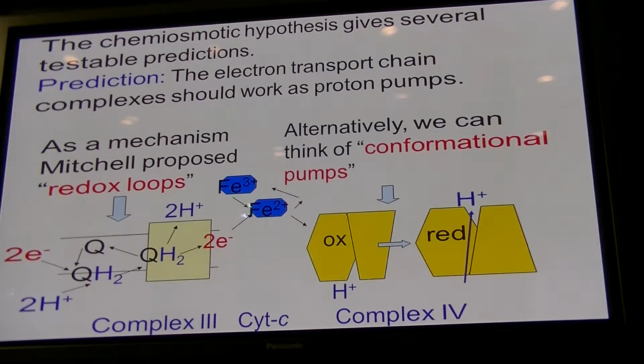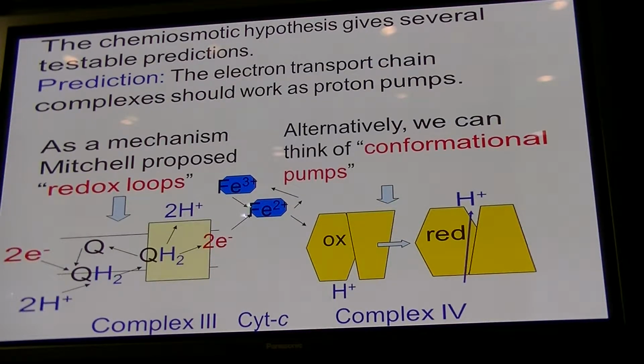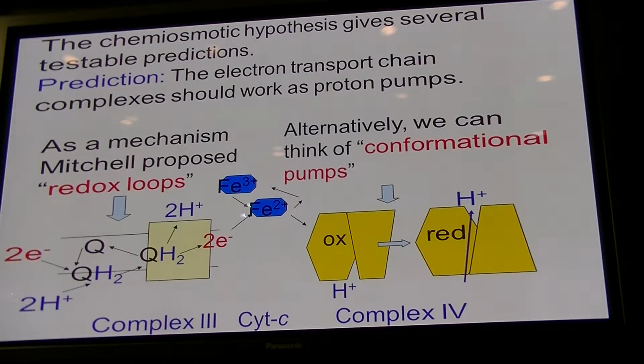So to understand that mechanism, we must understand how the proton gradient is formed and then how ATP is formed using that proton gradient. And we see that electron transport is the mechanism that drives proton gradient formation. Electron transport from reduced coenzymes such as NADH to oxygen.